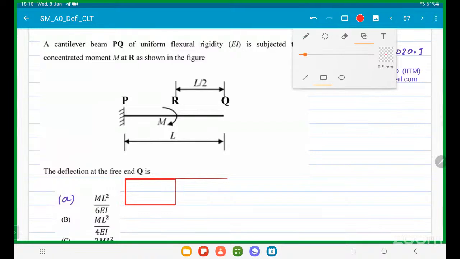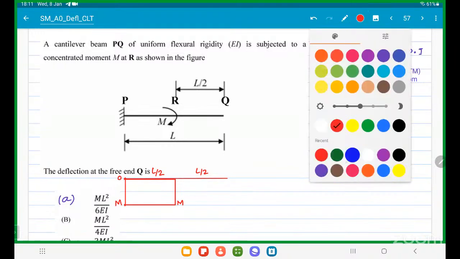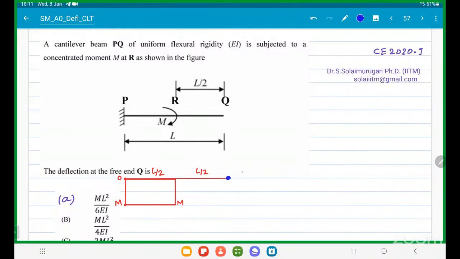So this is L by 2, this is L by 2. Bending moment value M. We will bring the EI at last, otherwise it will confuse. Where is the calculation point? I want it at the free end. This is the calculation point.